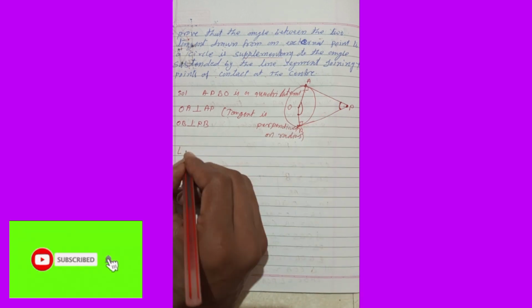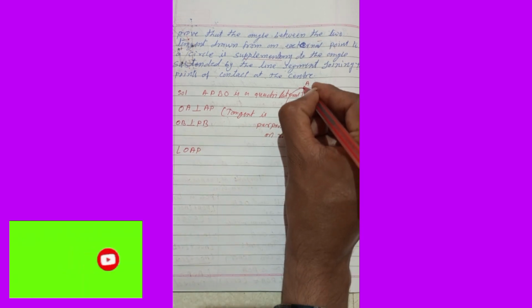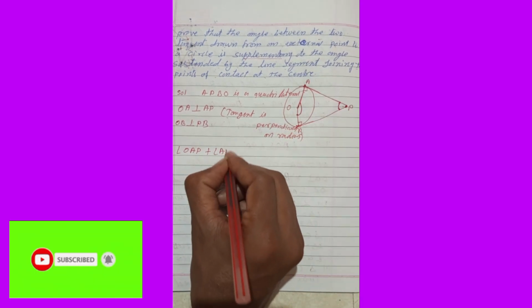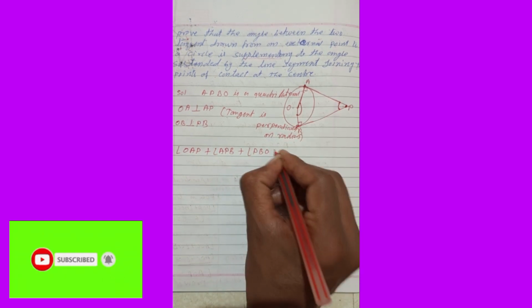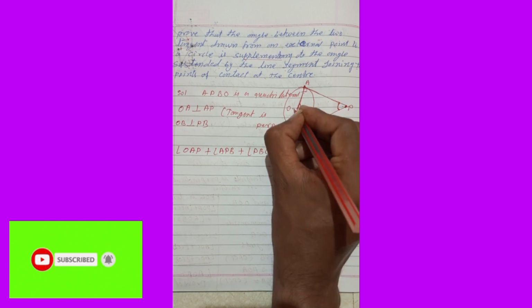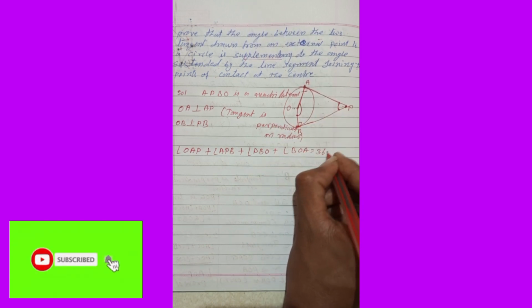Now we can write angle OAP plus angle APB plus angle PBO plus angle BOA is equal to 360 degree. Why?